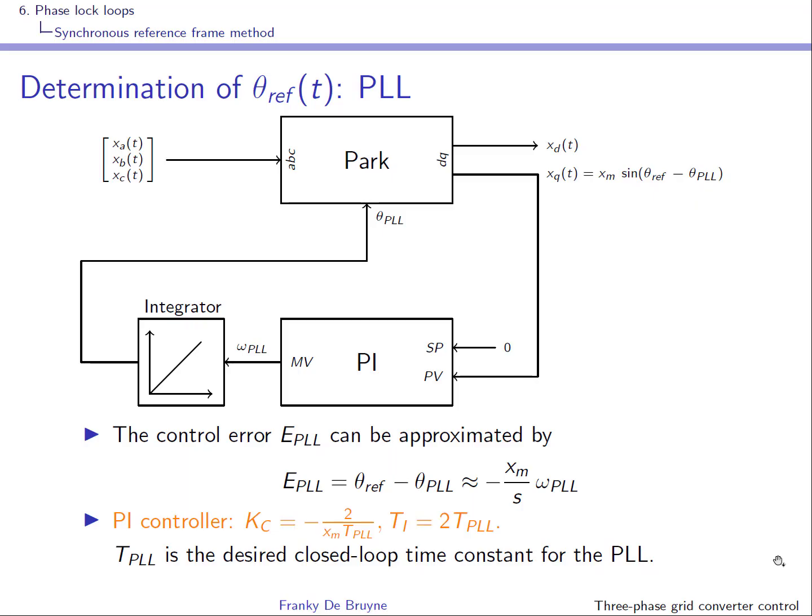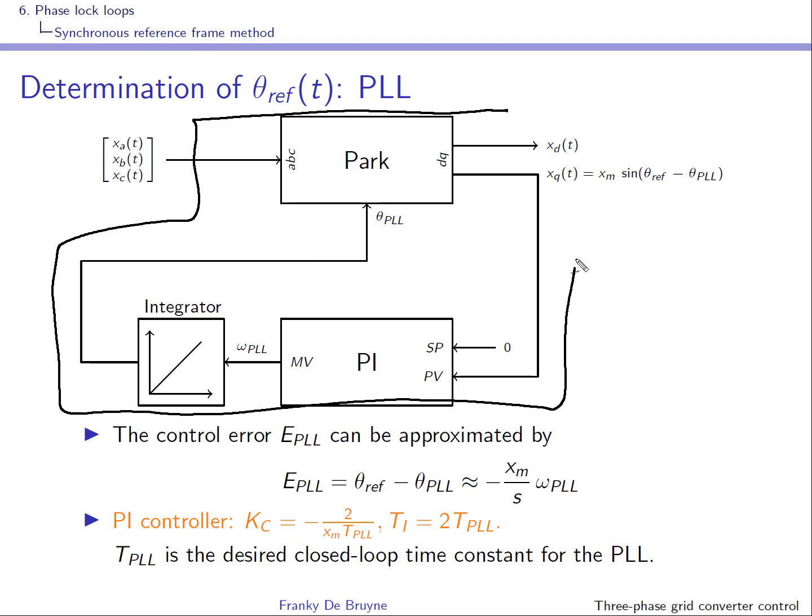What we'll do now is use this PLL in our own application, and since we want to exchange power with the grid, it's kind of natural that we are going to want to determine the reference angle of the grid voltage. So we are going to construct a block over here, which will be like this, and we'll call it PLL.